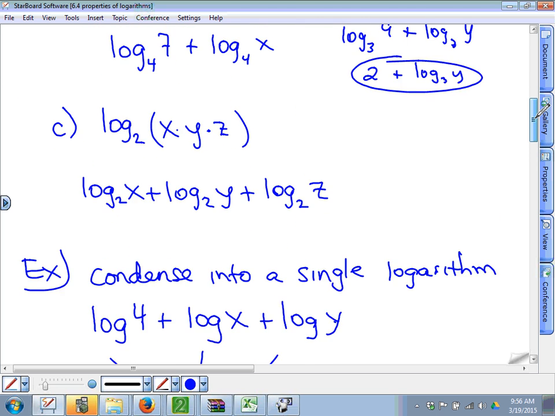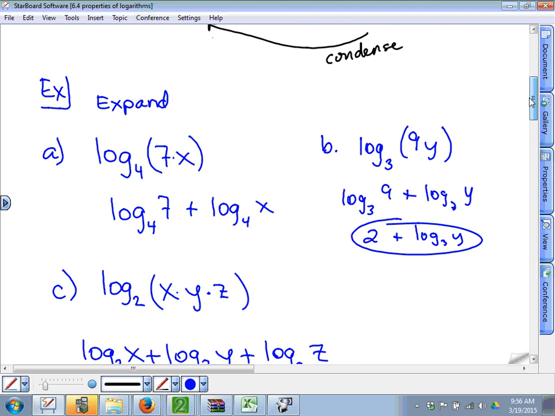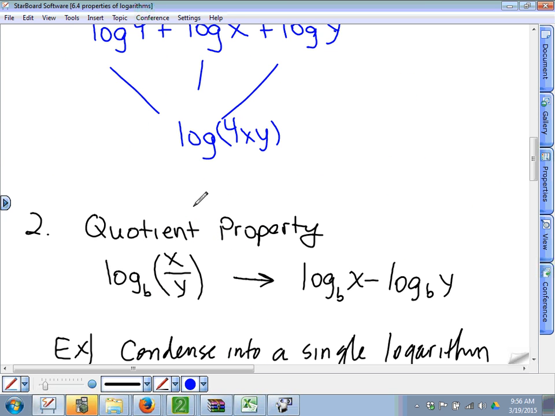Check it out. Let me go back up to the product property. If you're multiplying, then you expanded that using a plus sign. So if you're dividing, we're going to expand it using a minus sign. Yes, they work in both directions.